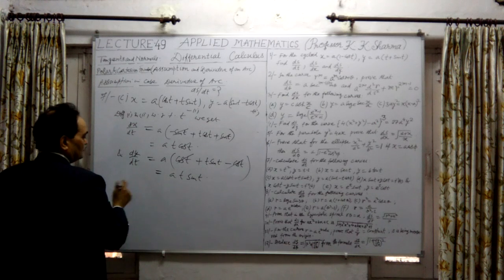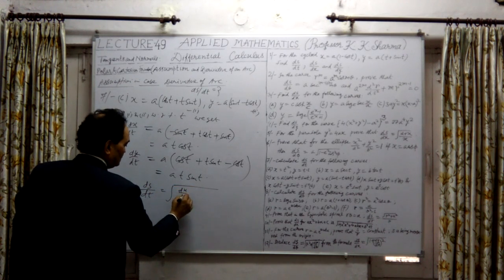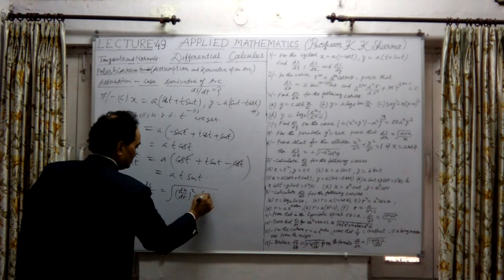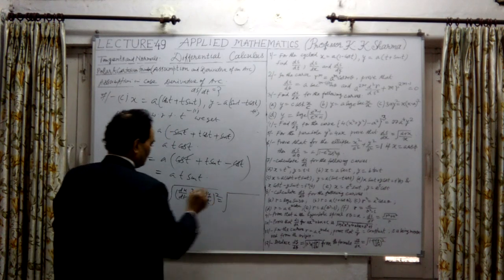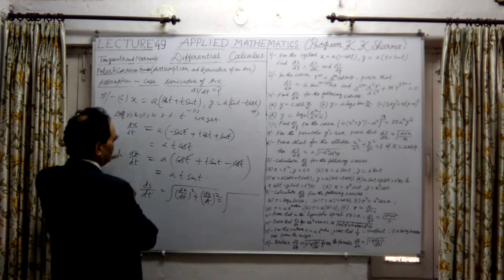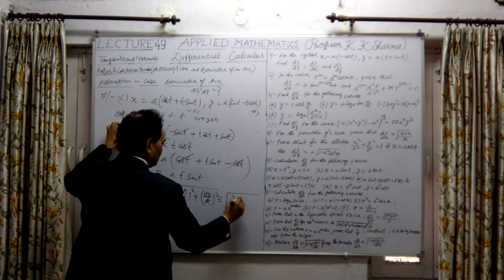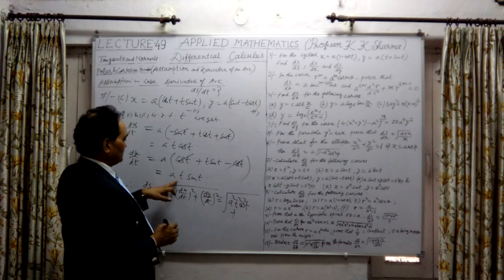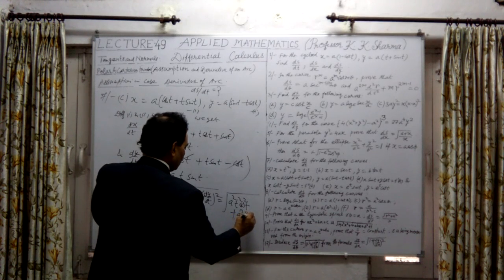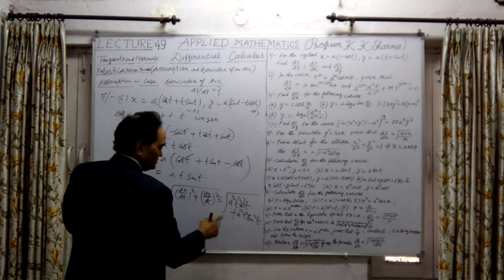Now, what is the formula? ds upon dt is given by the square root of dx upon dt whole square plus dy upon dt whole square. Substituting the values of dx dt and dy dt which we have just calculated, it is a square t square cos square t plus a square t square sin square t.